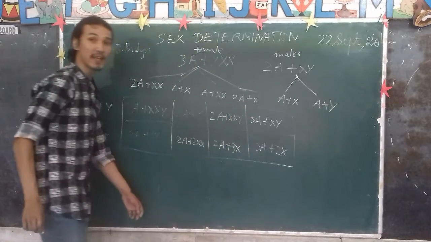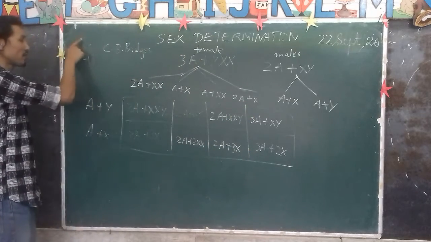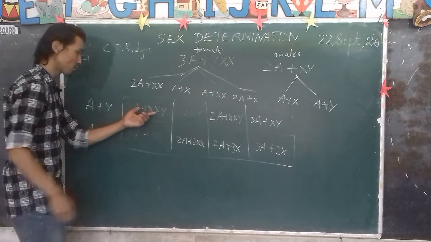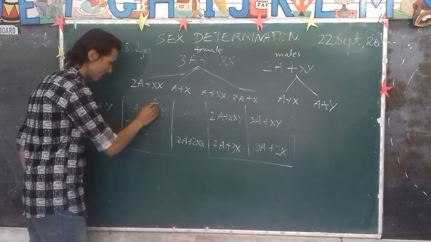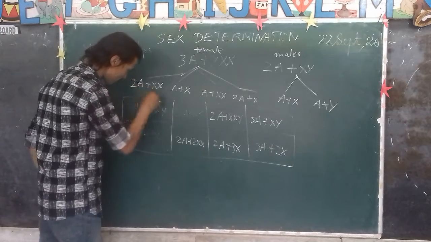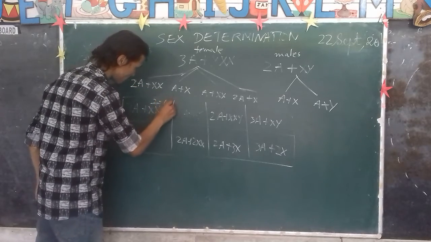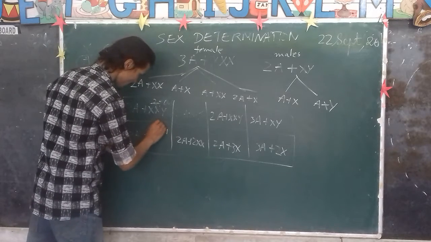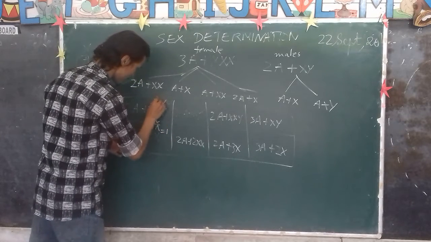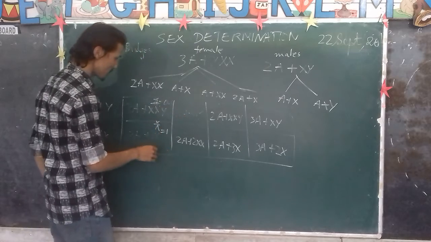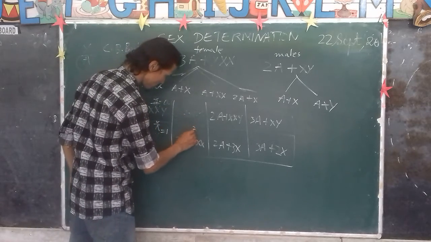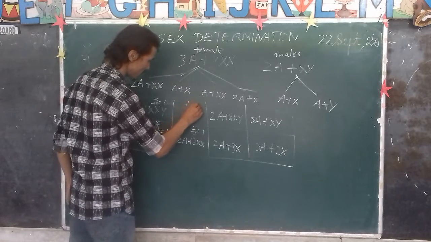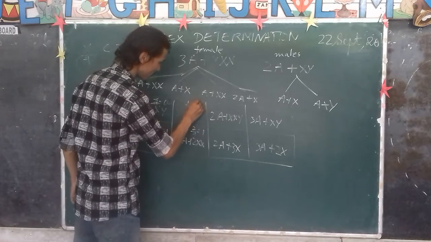So let's take the X by A ratio. That means the number of X chromosomes divided by the number of autosomes. So in this case, there are 2 X chromosomes, 2 divided by 3 comes to somewhere around 0.6. In this case, number of X chromosomes is 2, number of autosomes is 1, so we're getting 1. In this case, 1 by 2, we're getting 0.5.